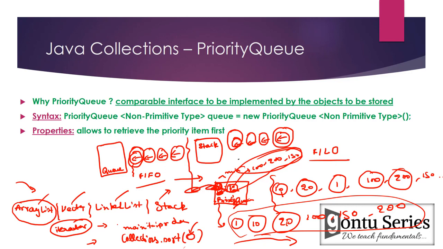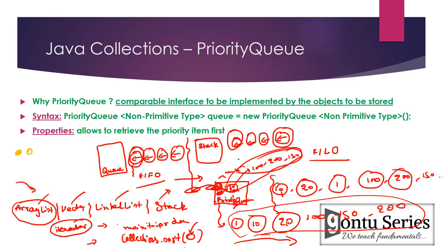But how is it going to rearrange things? It's going to rearrange things if that object has implemented the Comparable interface, right? For an ArrayList or a vector or a linked list or a stack to arrange things in ascending order, it has to know how an object can be compared to another object.